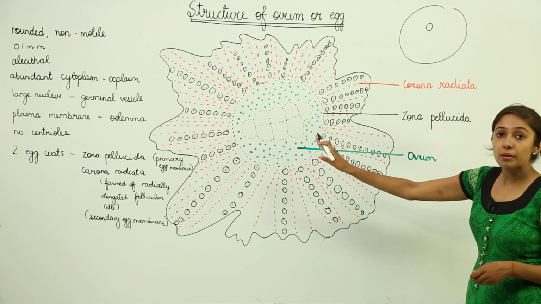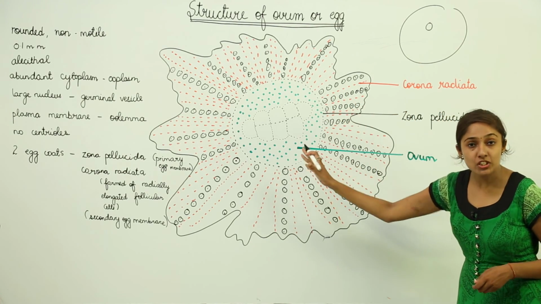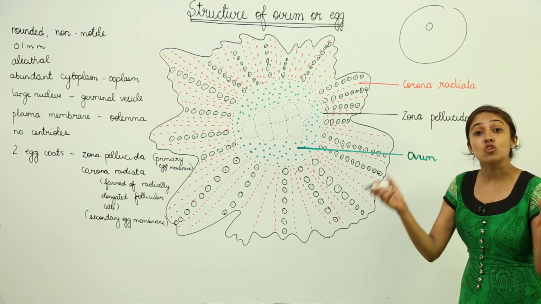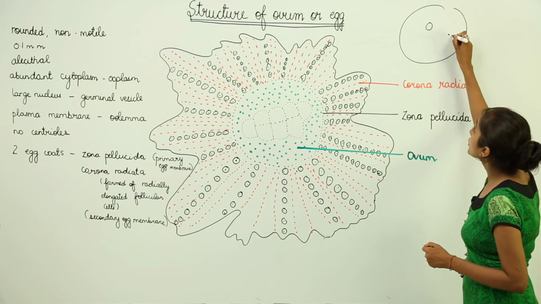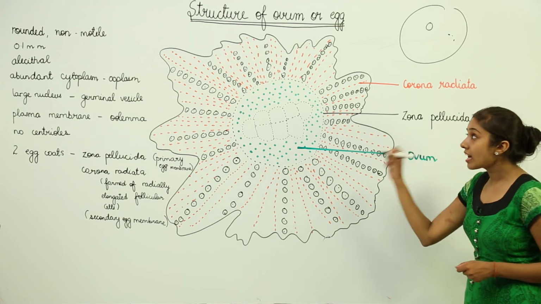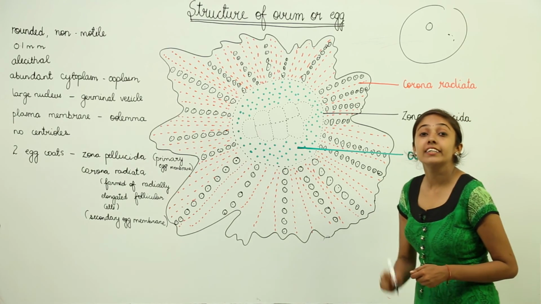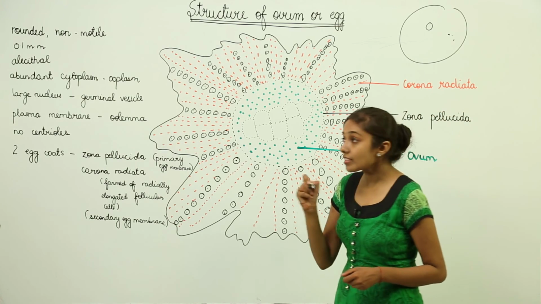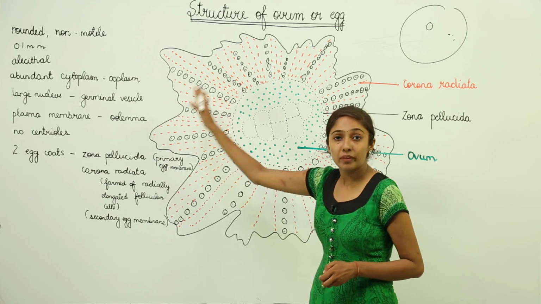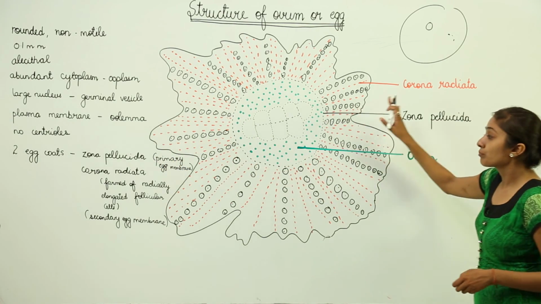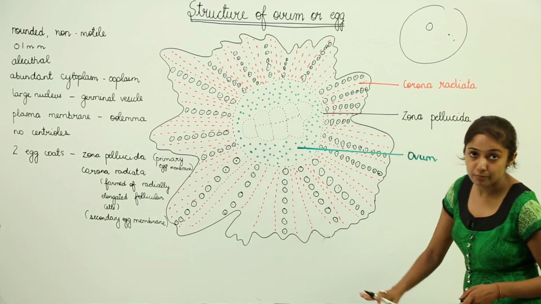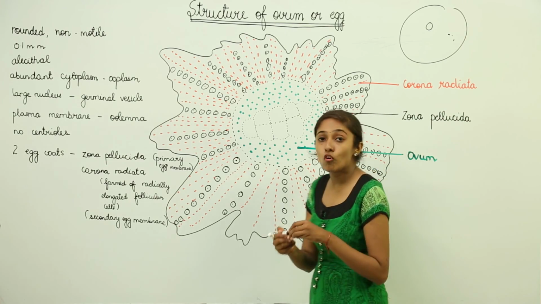So outside the membrane, there are these tiny projections which are going to help in the absorption of that food material from this follicle. So this is how the ovum or the egg gets its nourishment. So this is how you are going to draw the structure, you are going to explain it, and remember these primary and secondary egg membranes. So I hope the structure of ovum or egg is now clear.